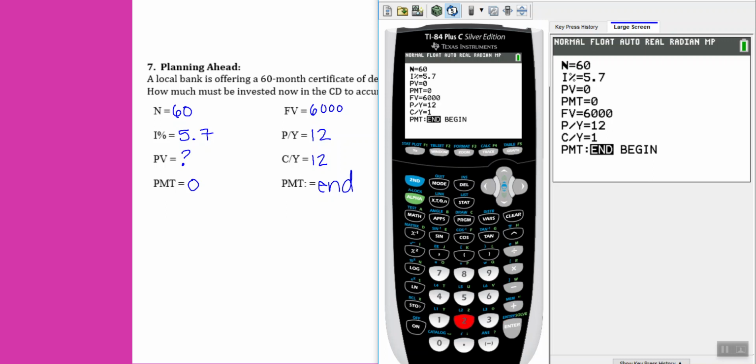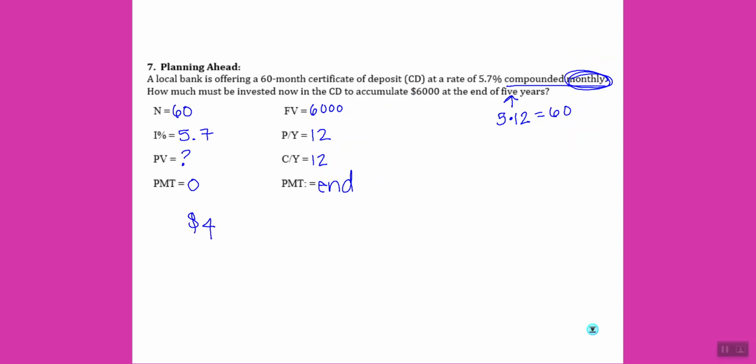And the nice thing is the calculator knows that those two are usually the same because if I push enter after putting 12 in PY, it will change CY to 12 for me. So go back up to PV to see what we need to have at the beginning. Alpha, enter. We should put in $4,515.13 to start the account.